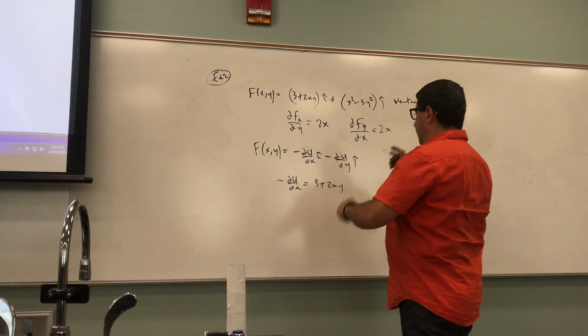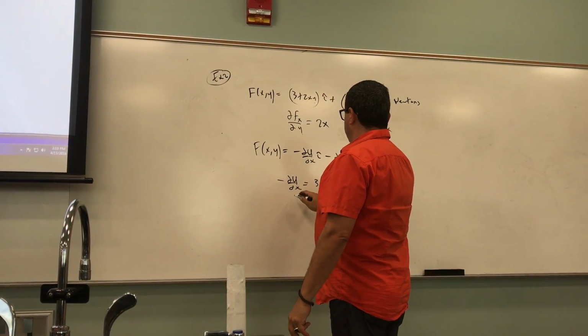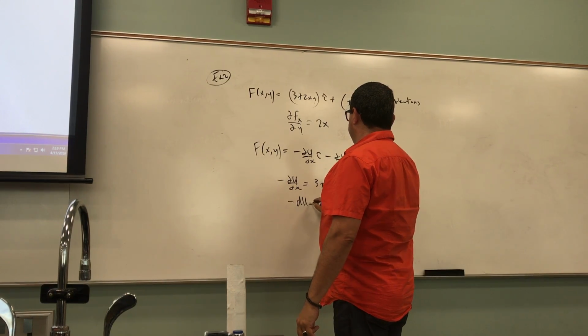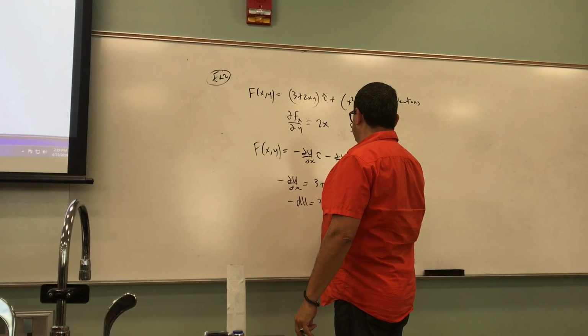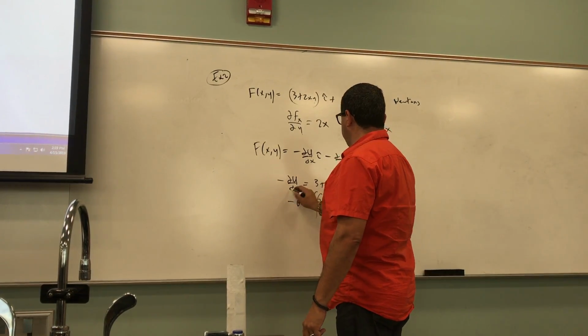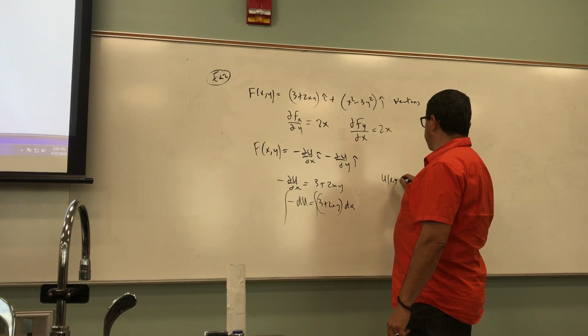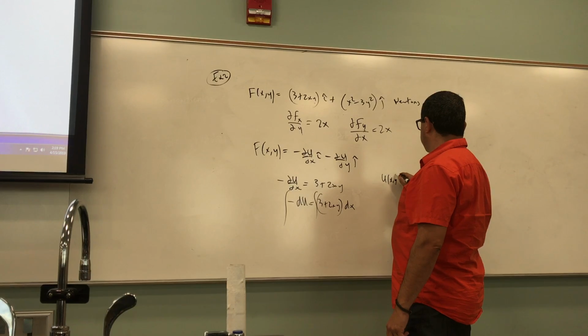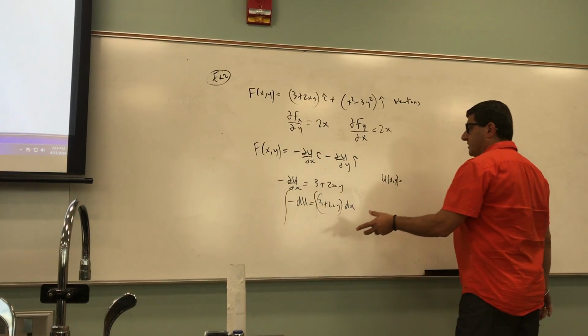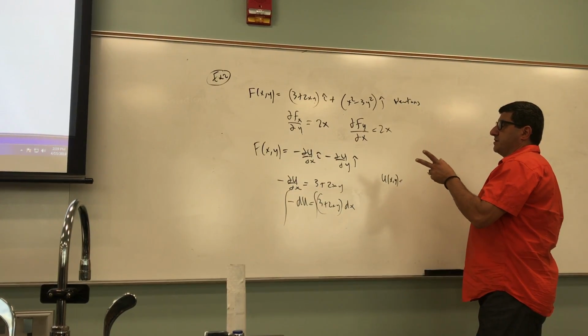So then we have here negative du is equal to 3 plus 2xy dx, and then integrate. So u of x is going to be what?